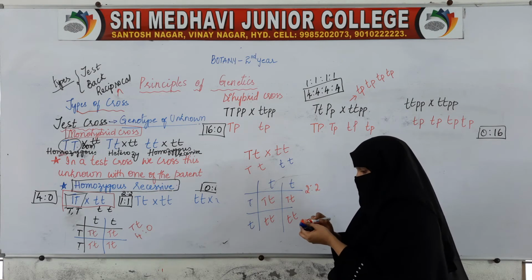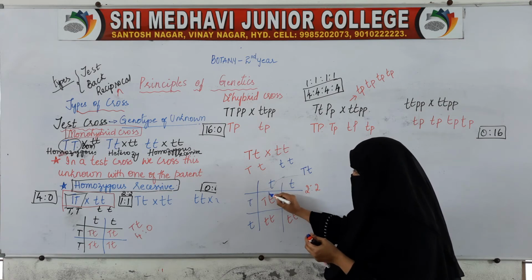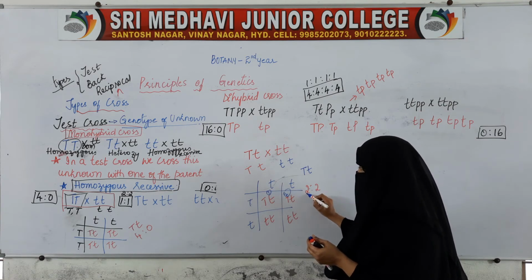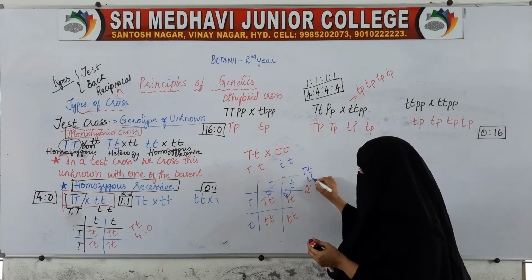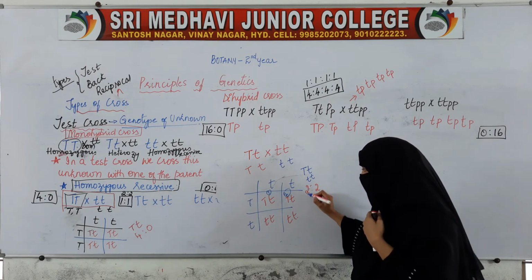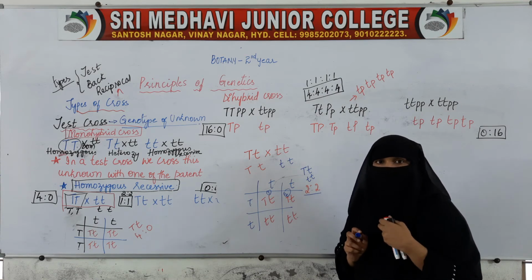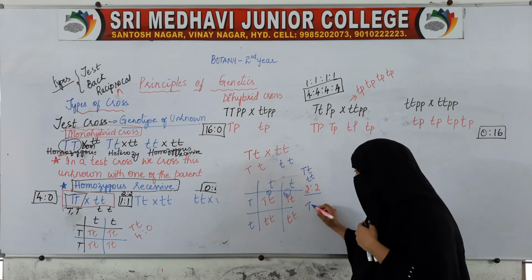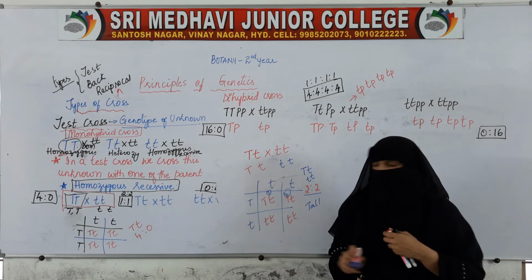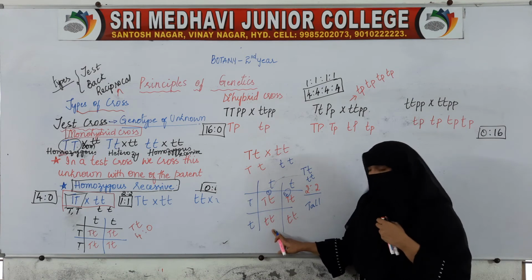2:2. Capital T and small t, we are getting 2, and small t, small t, we are getting 2. So the ratio is 2:2. One is tall and one is short.